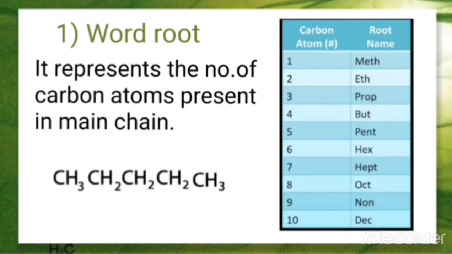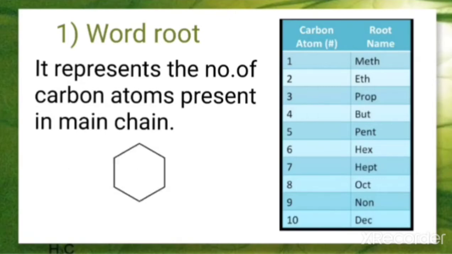Let us take another example, a cyclic compound. Let us count the number of carbon atoms present in this. It's a bond line structure, so each corner and tip represents a carbon. Let us count the carbon number here: 1, 2, 3, 4, 5, 6.